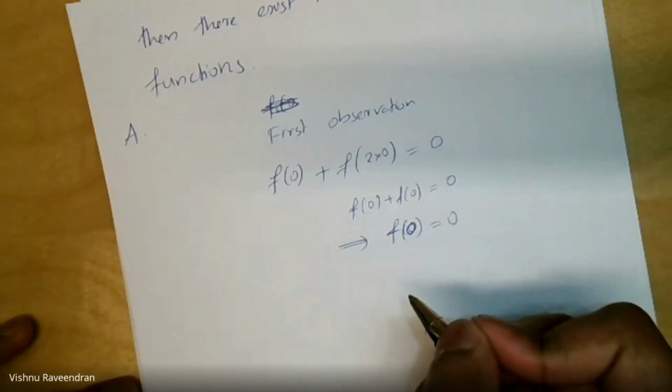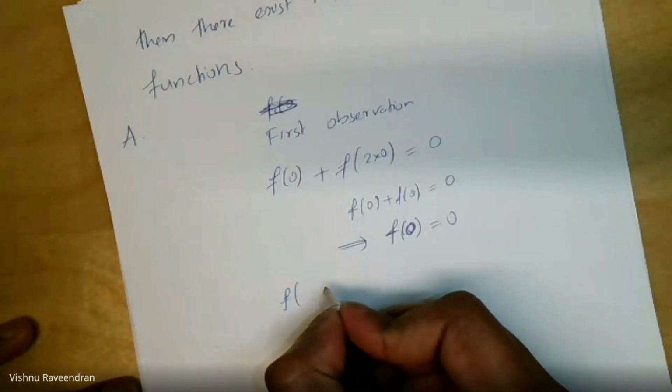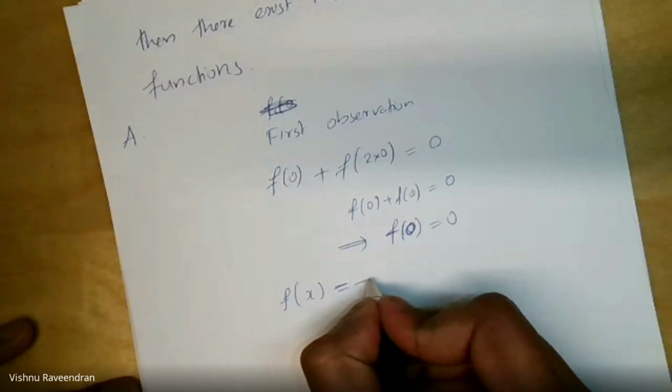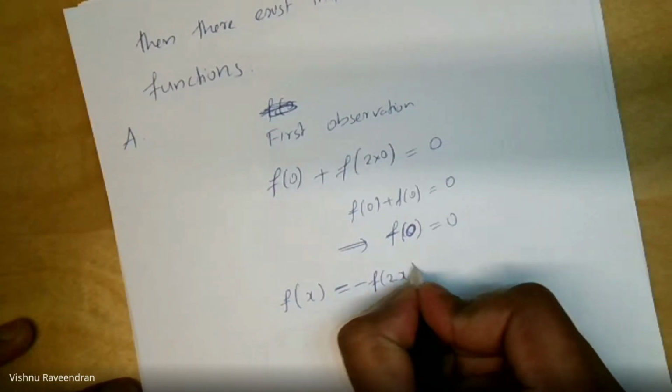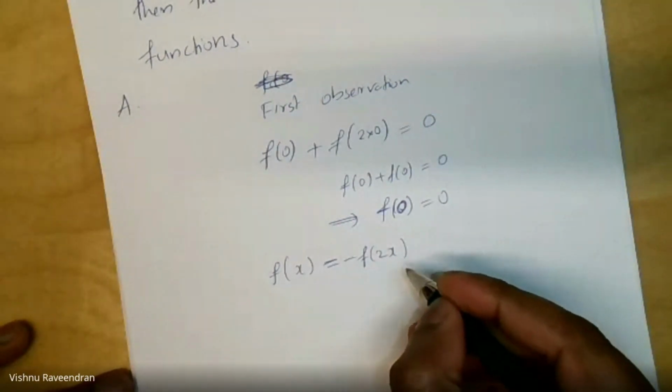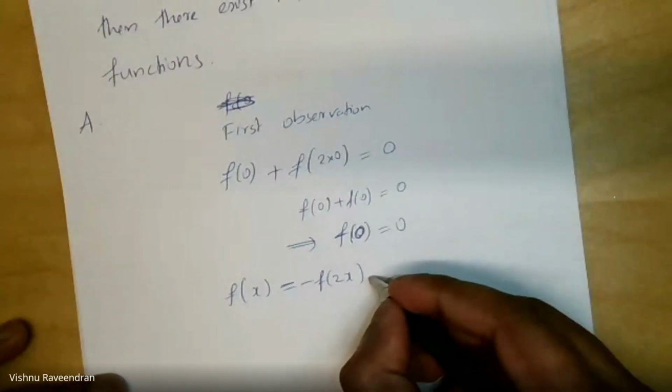Now f(x) equals minus f(2x). Yes, that was it, correct. Will it be a bounded function?